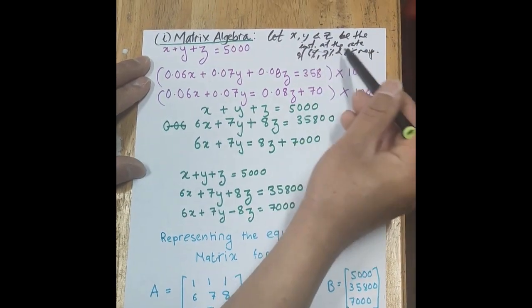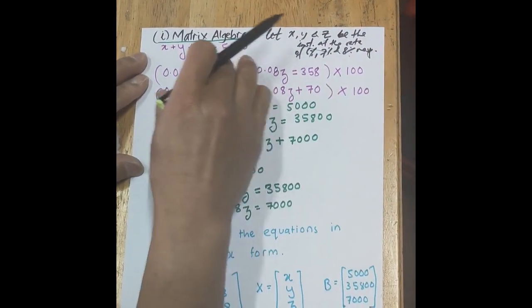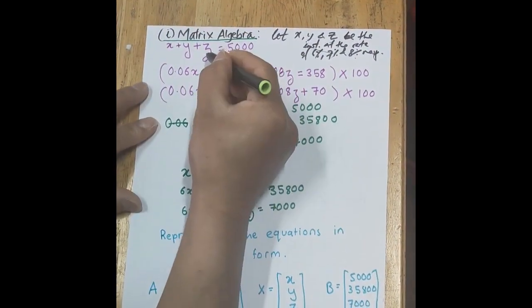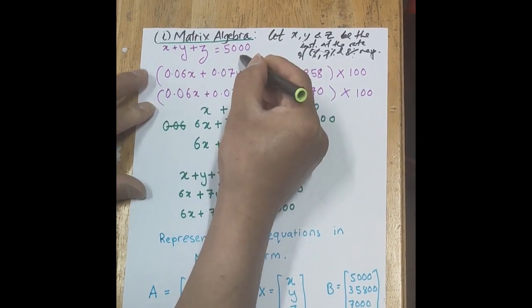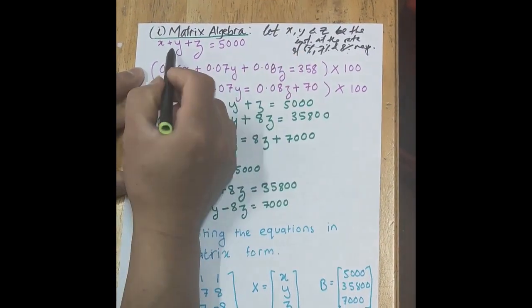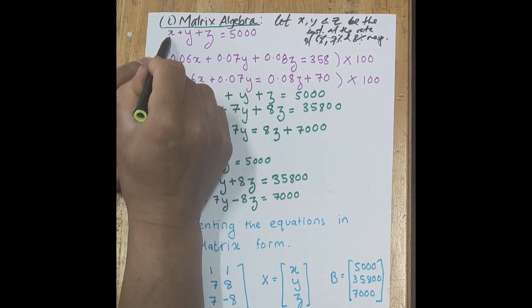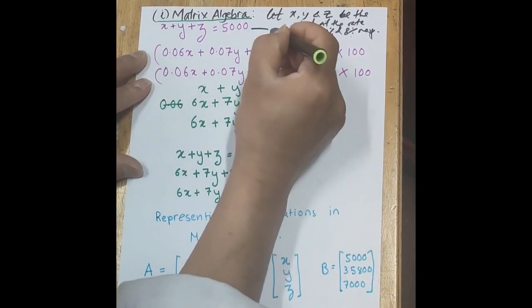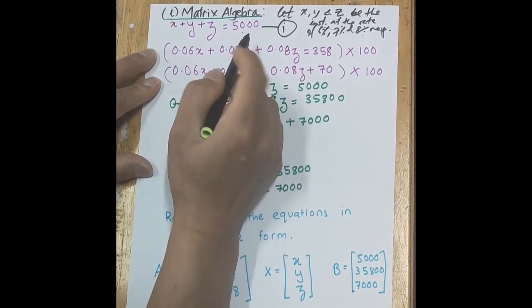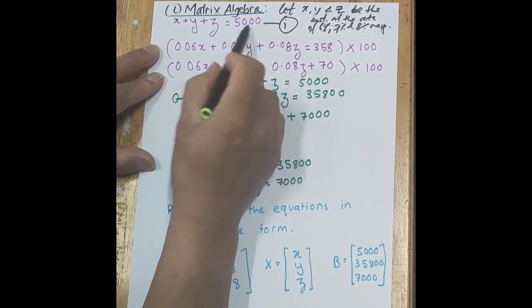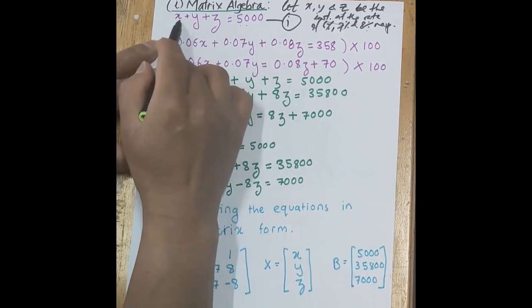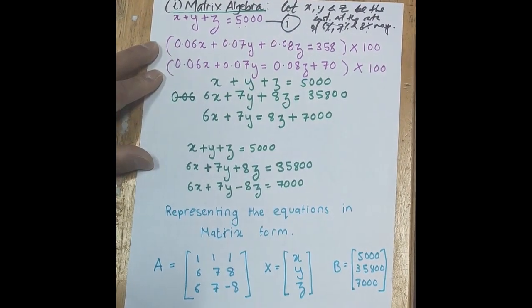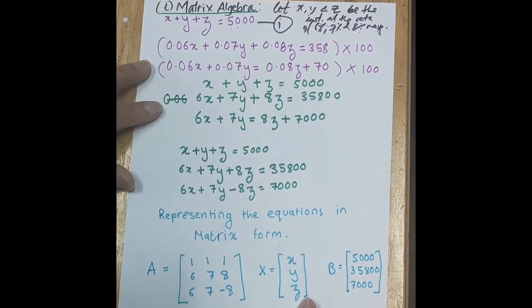So once you let these variables, then you can directly come to the equations. First equation is that if you add these three investments X, Y, and Z, it will come to ₹5000. In other words, ₹5000 is put into three investments X, Y, and Z. This is our first equation.